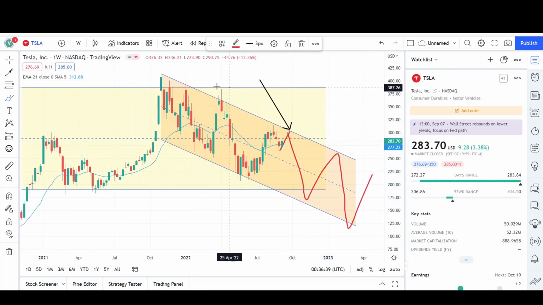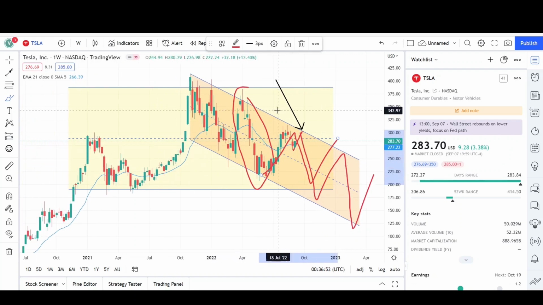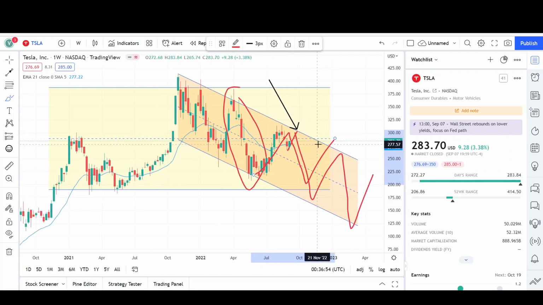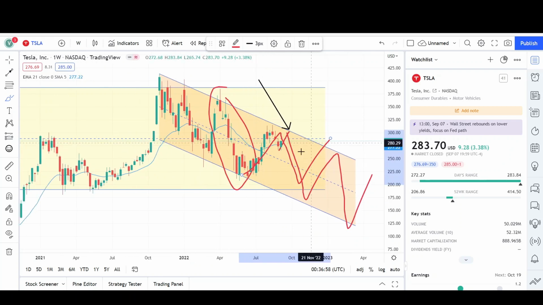So you can see there was a massive sell-off here, but then we got a bounce, and it took several months just to get back up here. Now it's going to take another couple months to get down here. I think you guys understand the point though, but overall it's just a slow and choppy downtrend, so that's what it looks like. So I'm expecting lower prices, even though we could go up in the short term.